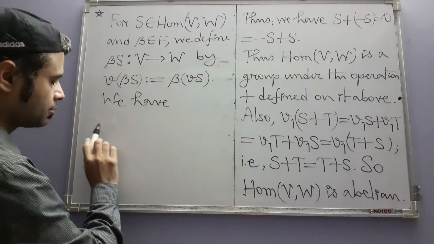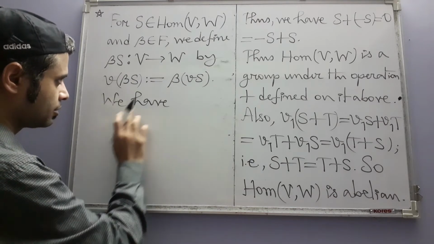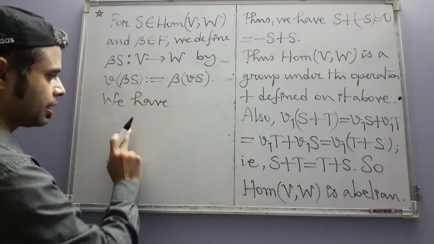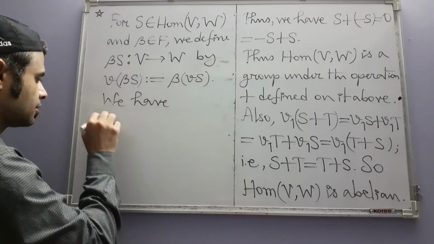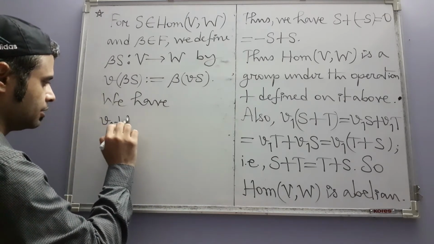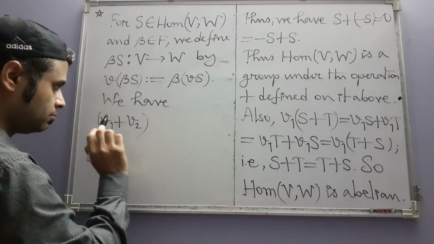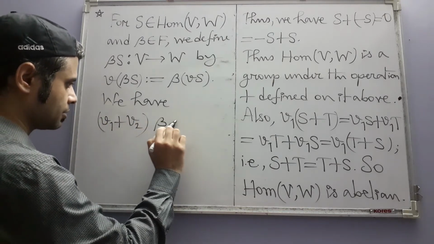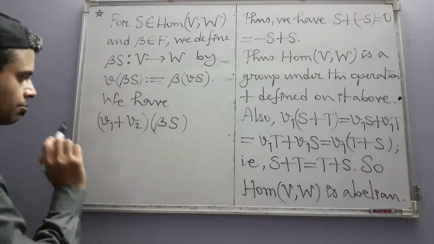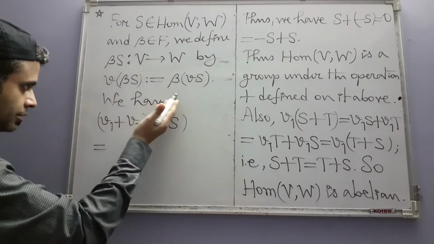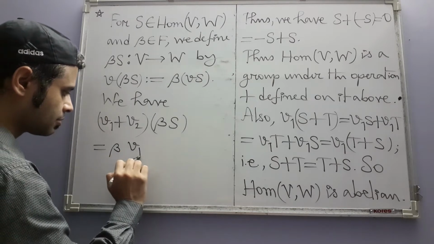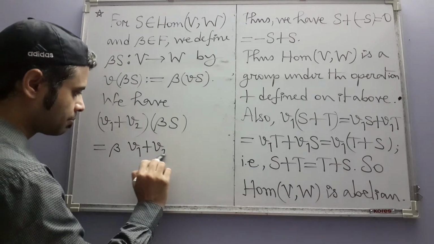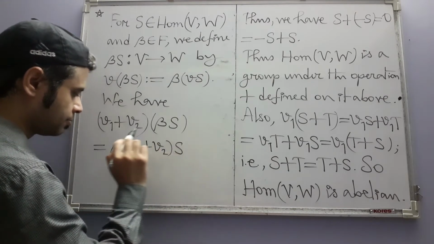Okay, now what do we have? In the first one, in trying to show that this one will respect addition, there is no other scalar involved, so it's just simply v1 plus v2. On this we are applying the function beta S. So by the definition of this, this is beta times the S image of v1 plus v2.